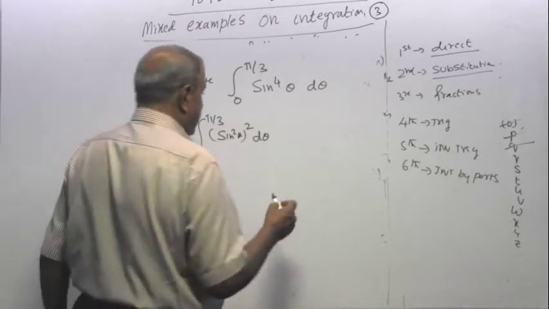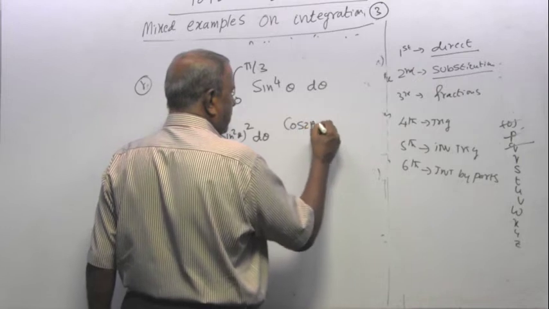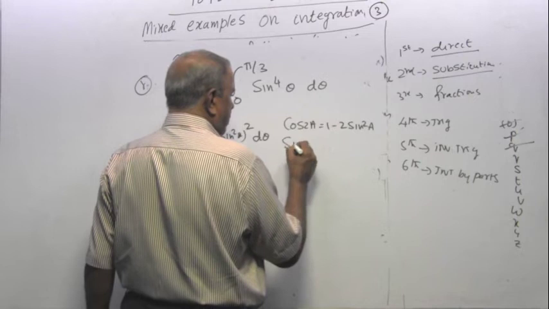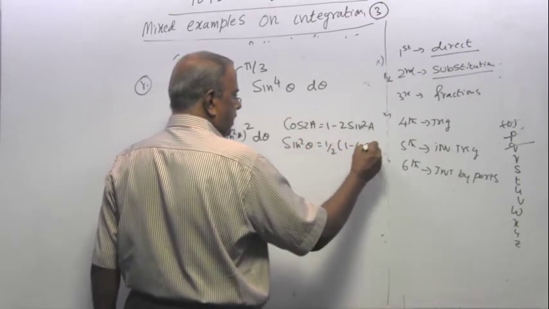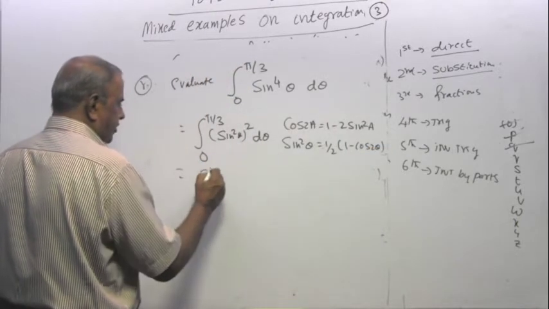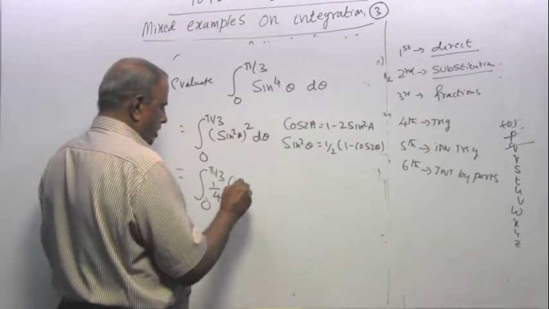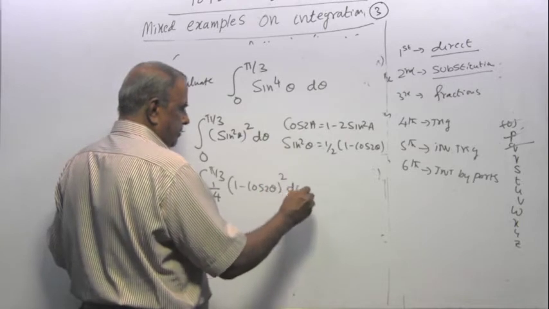Okay. Cos 2a equals 1 minus 2 sine squared a. So sine squared theta is half of 1 minus cos 2 theta. So it becomes integral 0 to pi over 3 of a quarter times 1 minus cos 2 theta the whole square d theta.